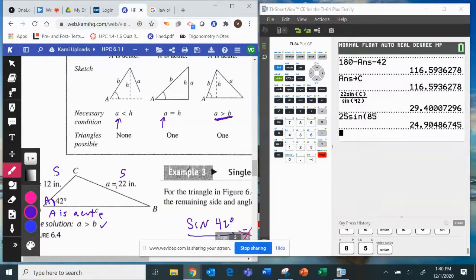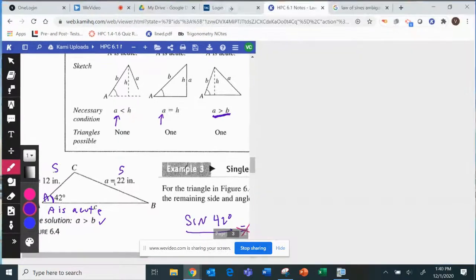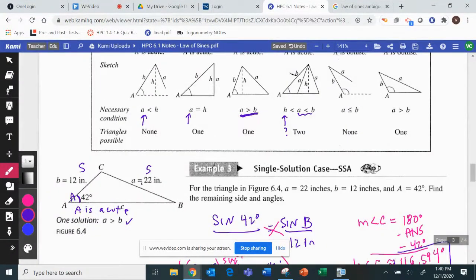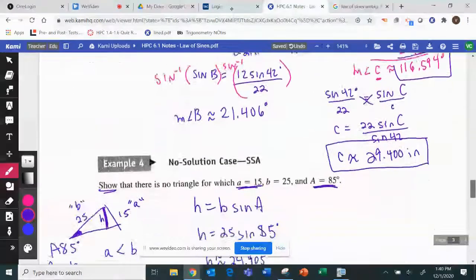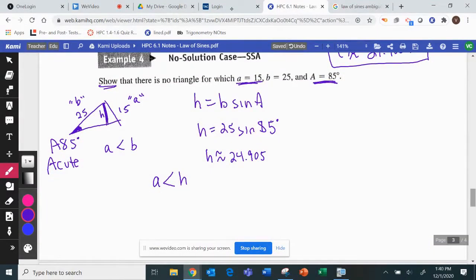A is less than H is the very first situation where it says that can't be a triangle. So this right here is telling us why.